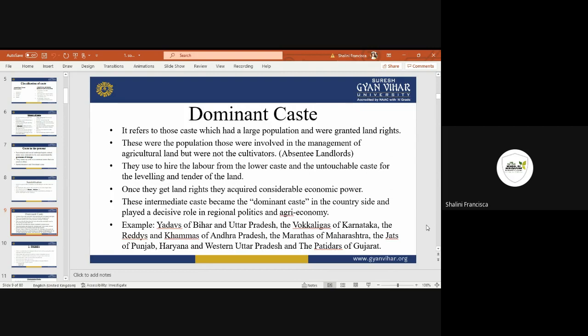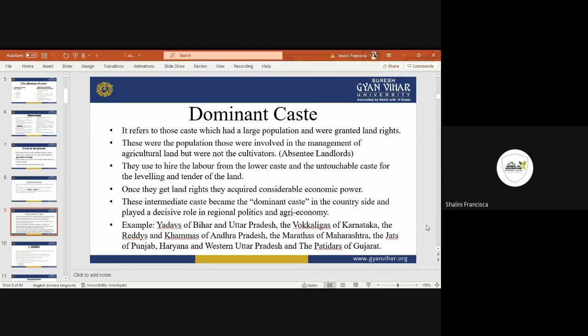Once they get land, they require considerable economic power. So once they get some land rights, they become automatically powerful and they try to hire people from the lower caste and act like a boss or a supervisor. So these intermediate castes became the dominant castes in the countryside and played a decisive role in regional politics and agri-economics.